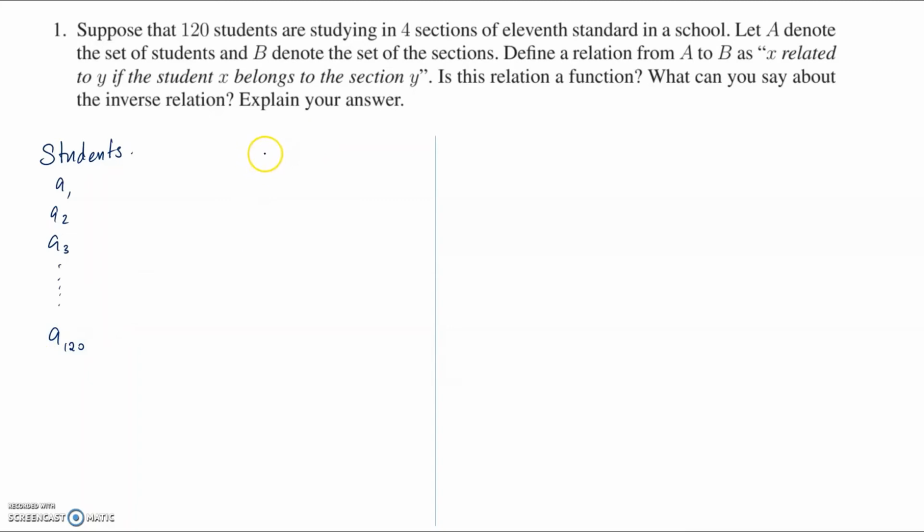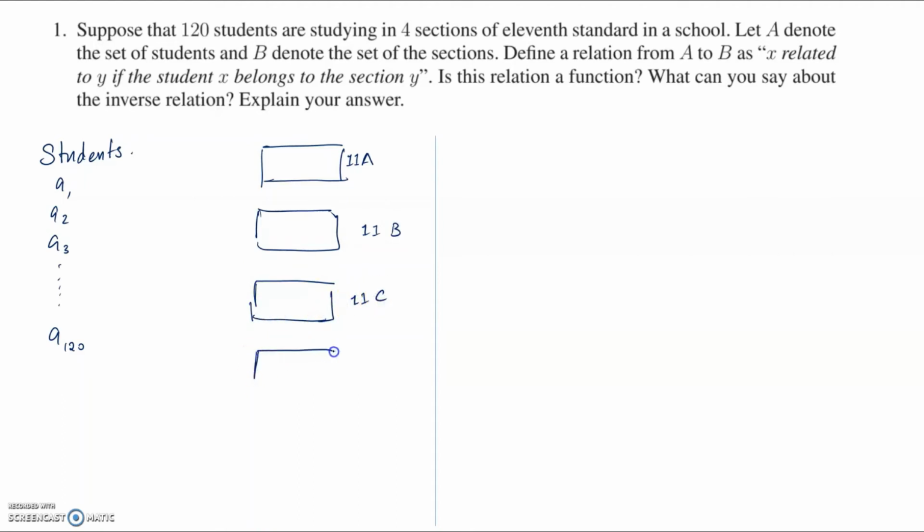Then you have 4 sections. So let's call them 11A, 11B, 11C and 11D. Each section is a classroom, right? And you have 120 students, right?